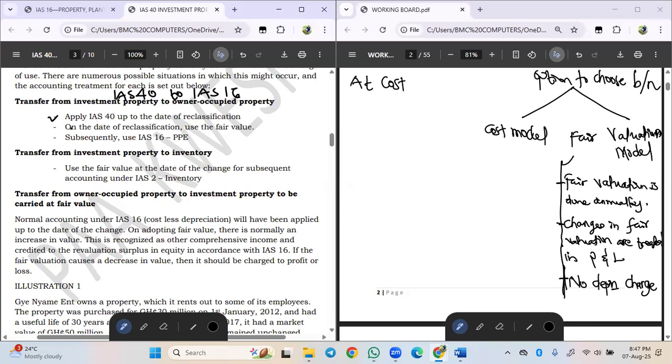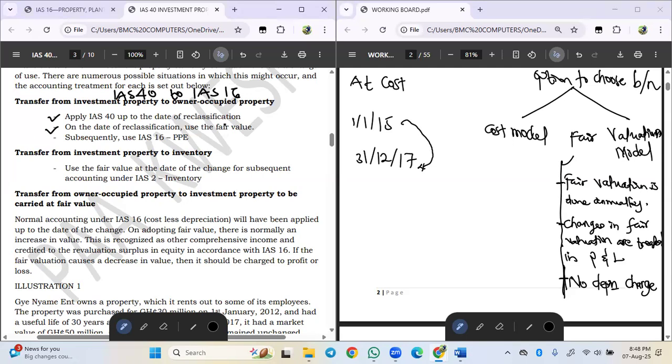You apply IAS 40 up to the date of reclassification. So if the date they change the investment property to owner-occupied property is, let's say, 31st December 2017, you apply IAS 40 from the date they acquired or completed the asset. If it's land, the date they acquired it, let's say 1st January 2015, you apply IAS 40 from this date to 31st December 2017.